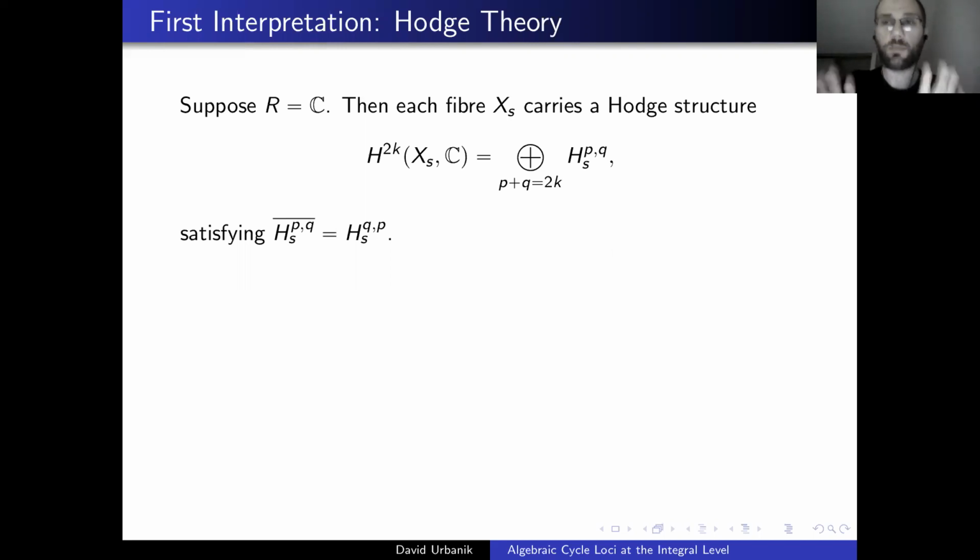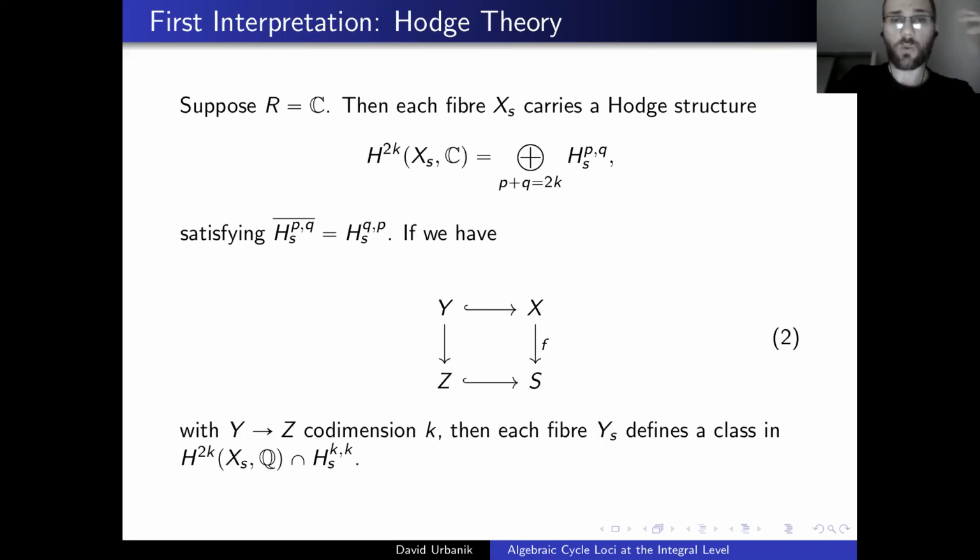Essentially, there's this complex decomposition of the Betti cohomology, which depends on the complex structure of the fiber above the point S. And so the idea is that if you look at this family, which is typically topologically trivial, like if the base is smooth and everything inside is smooth, the Betti cohomology doesn't vary, but this subspace decomposition on the Betti cohomology does vary. And this subspace decomposition is what I'm calling a Hodge structure.